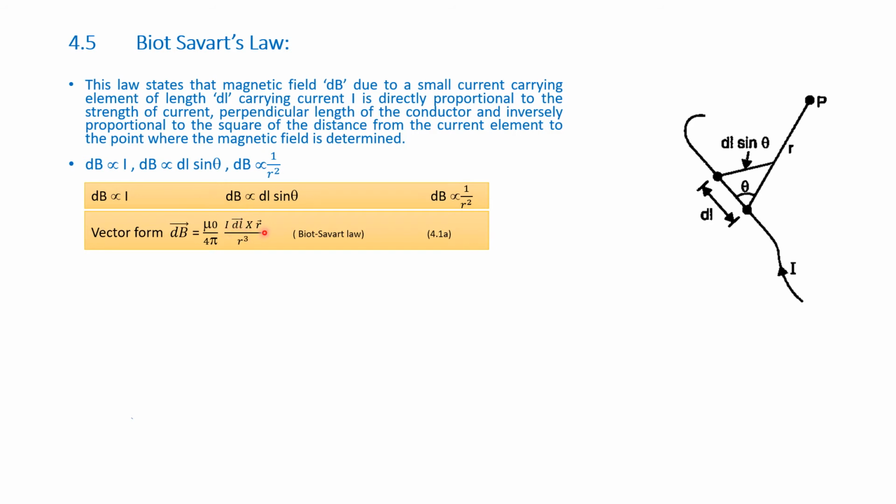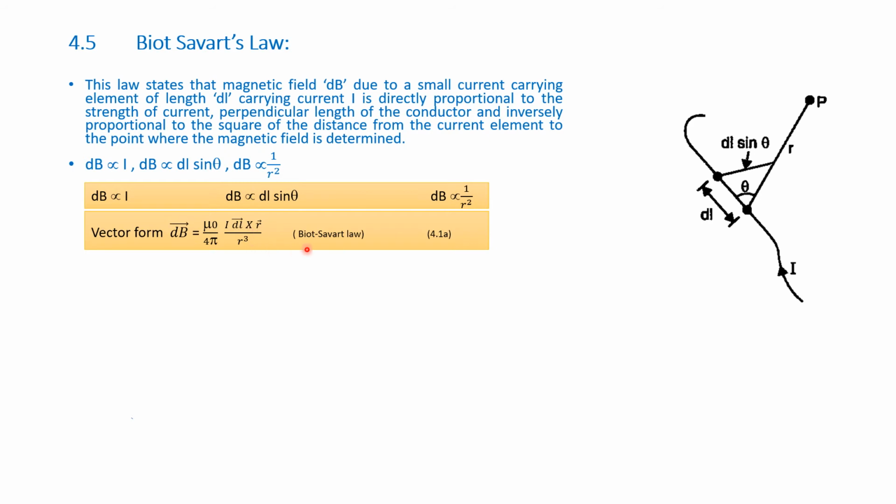We are writing dl cross r divided by r cube. Please note here, though the proportionality is 1 over r square, we are multiplying the numerator with r and dividing by r, so the denominator becomes r cube. The numerator becomes I dl cross r, expressed as a cross product between dl and r, the distance vector.